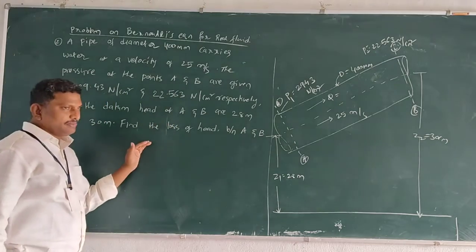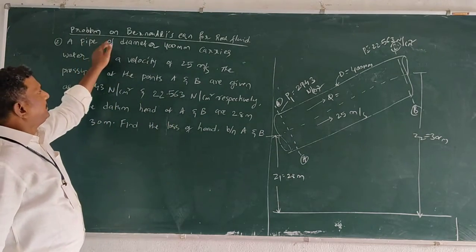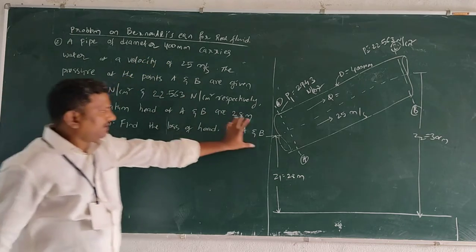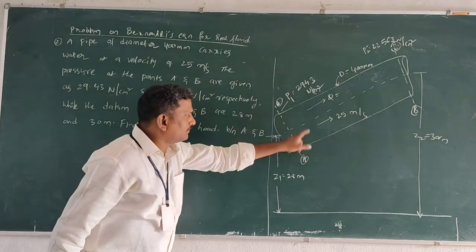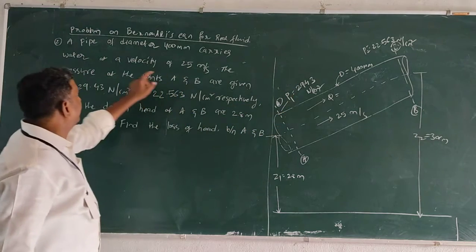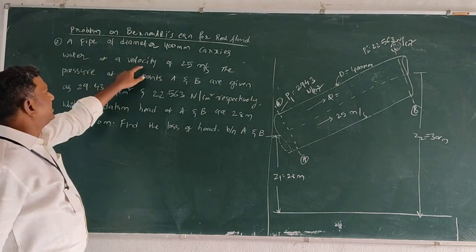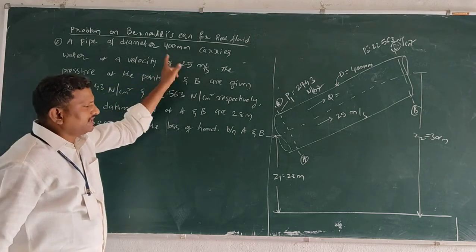Once again, I am repeating the problem. A pipe of diameter 400 mm. We represented a pipe of diameter 400 mm, and it carries water at a velocity of 25 meters per second.